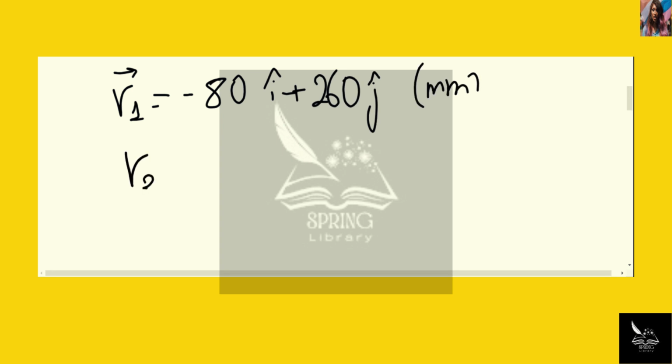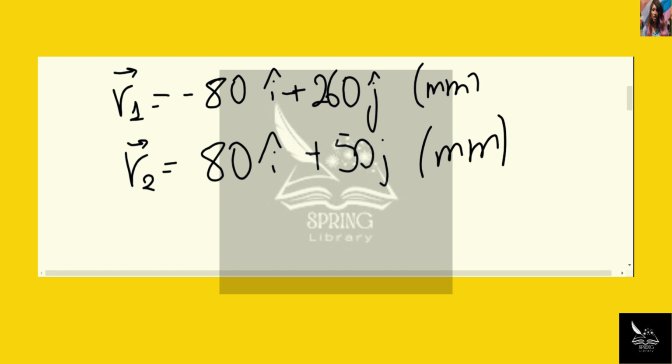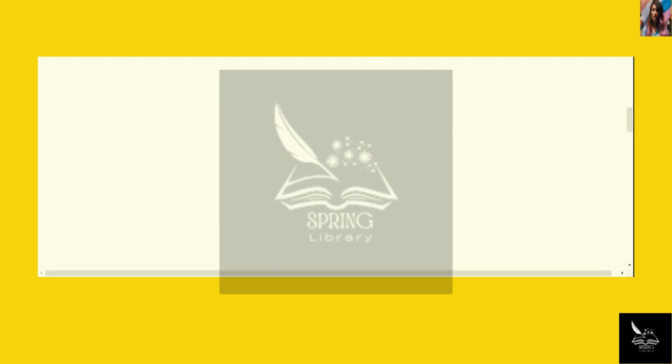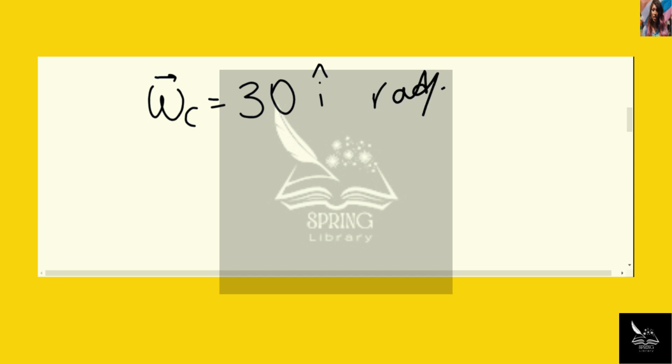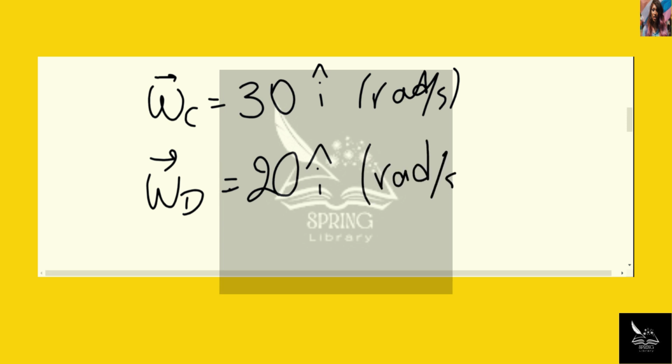Then R2 vector equals 80 i hat plus 50 j hat, again in millimeters. Given the system of axes, let's write down the vector expressions for the angular velocity of gears C and D, in radians per second.